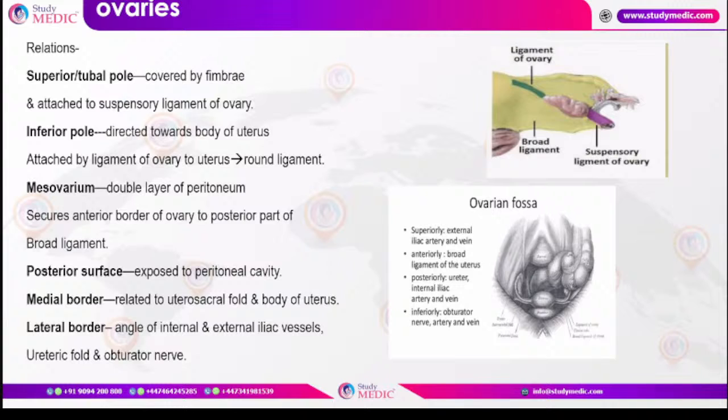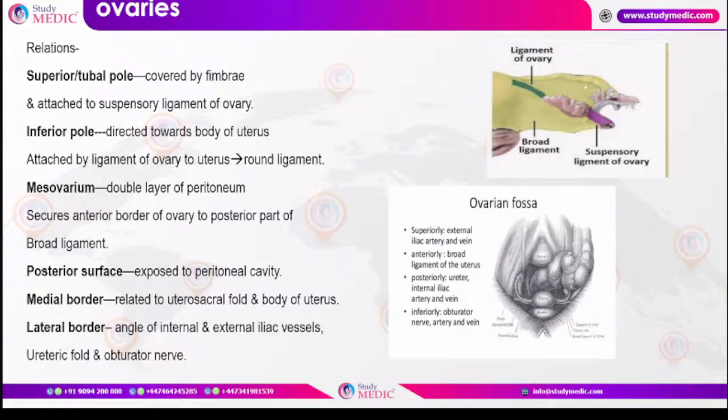So this ovary is lying in the ovarian fossa. What are the relations of this ovarian fossa? Superiorly, you have the external iliac artery and vein. Anteriorly, there is the broad ligament of the uterus. Posteriorly, you have the ureter and the internal iliac artery and vein, and inferiorly, you have the obturator nerve, artery, and vein.